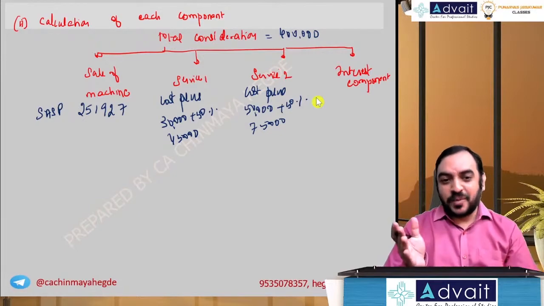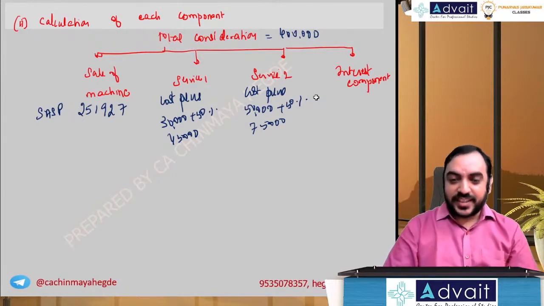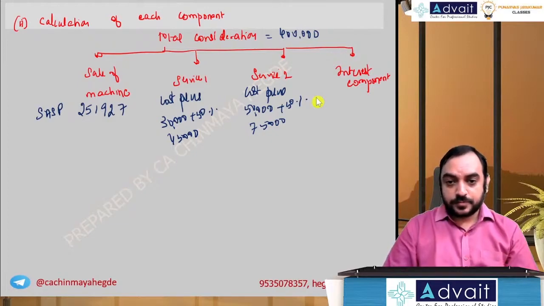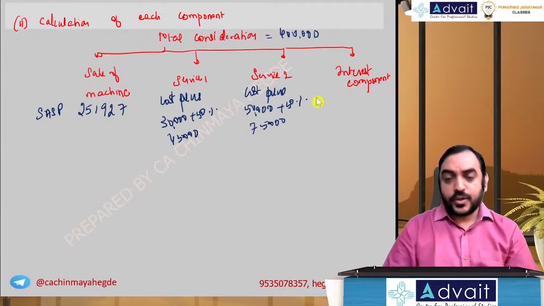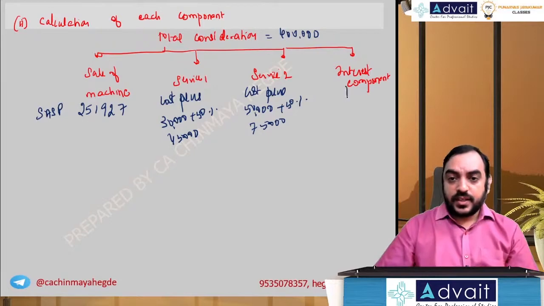Actually, you should not calculate the balancing figure; it will happen to be that case. 4 lakh minus 251,927 minus 45,000 minus 75,000 gives 28,073. So the interest component is 28,073.